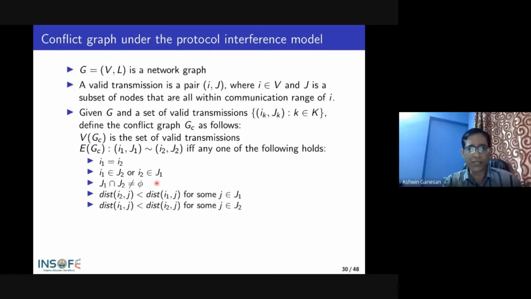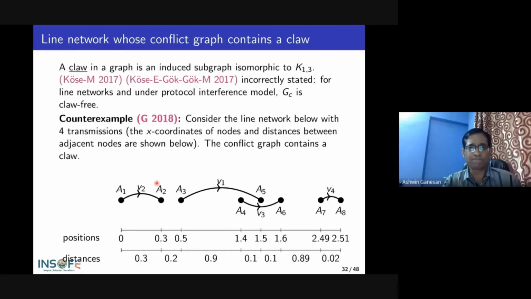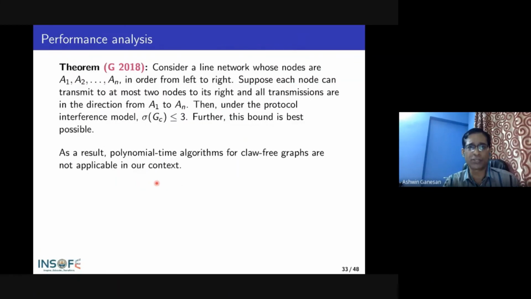But it turns out there's other interference models, and basically you can show that, so there's a result that says that the worst case performance of the greedy coloring algorithm, which is determined by the induced star number of the conflict graph, that quantity is always at most 3 in a certain situation.